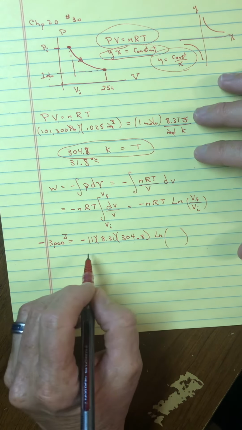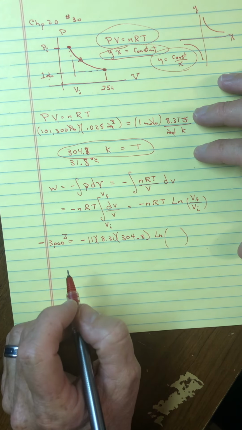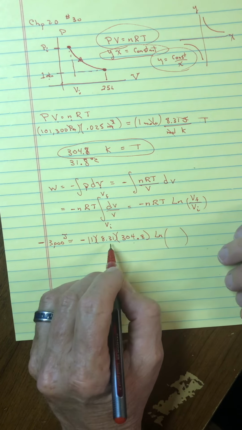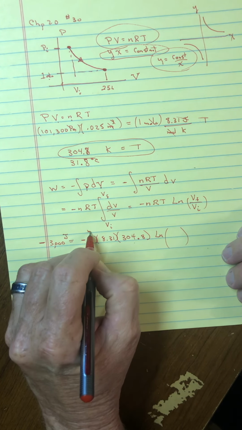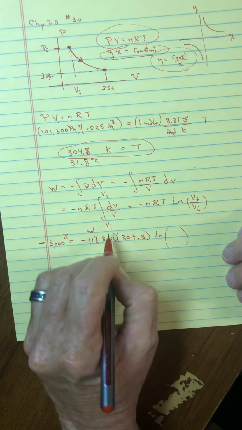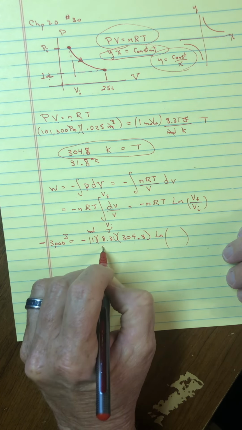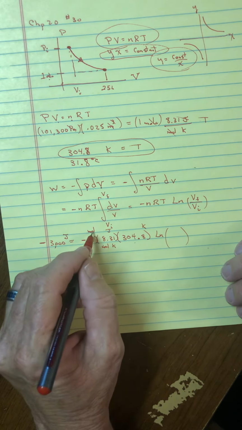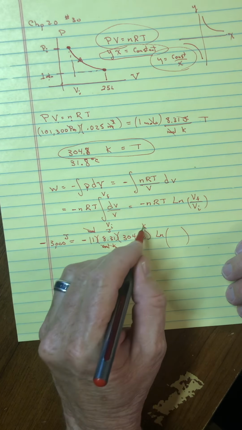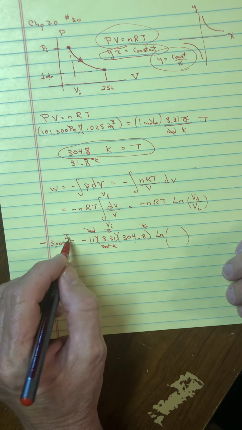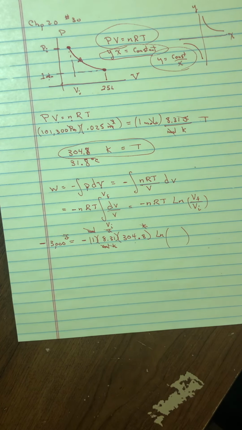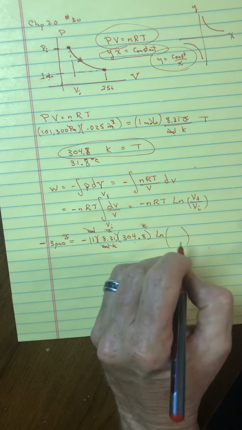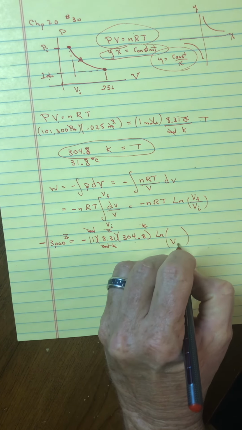Now, I thought I would say something about the units here. Remember that this would be moles here. This would be joules per mole Kelvin, and this would be Kelvin. And as you can see, and rightfully so, all the units would cancel off. There isn't any units.